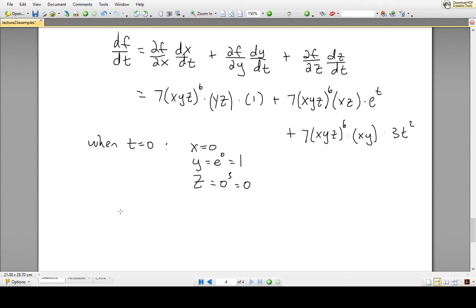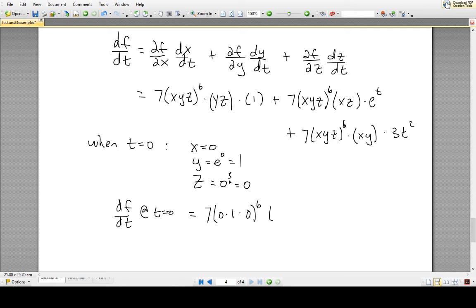So let's actually go ahead and do this. The derivative of f with respect to t at t equals 0 is equal to, okay, so wherever we see an x, let's put in a 0. So this would be 7 times (0 times 1 times 0) to the power of 6, times y times z.